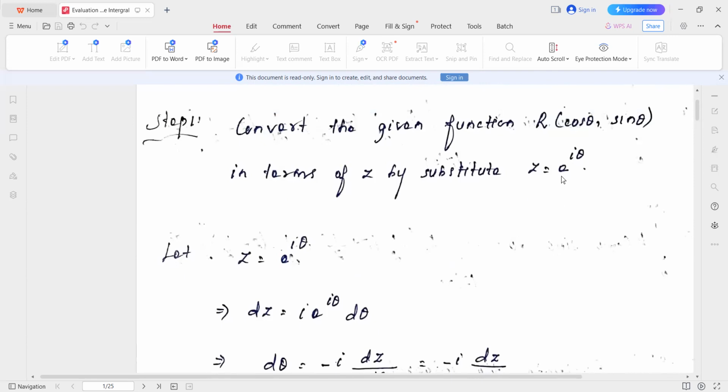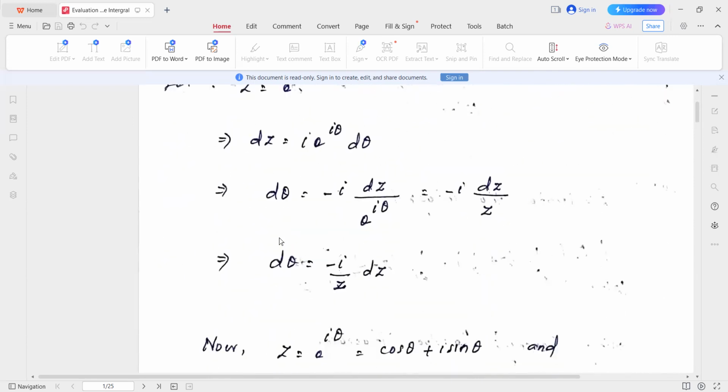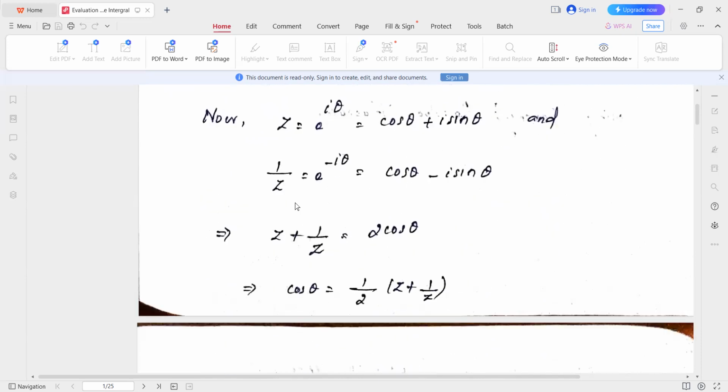Now it's time to find the values of cos theta and sin theta in terms of z. We know that z equal to e power i theta, which is cos theta plus i sin theta. This is Euler's formula. Also 1 by z is equal to 1 by e power i theta, which is e power minus i theta, which is cos theta minus i sin theta.